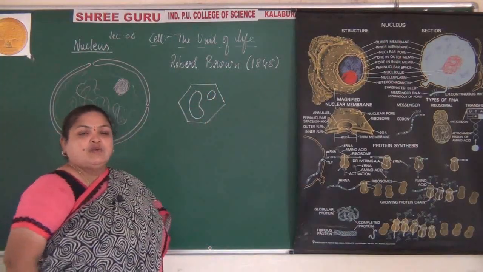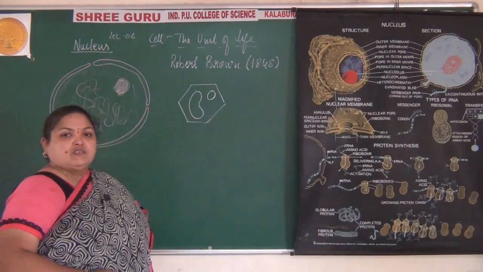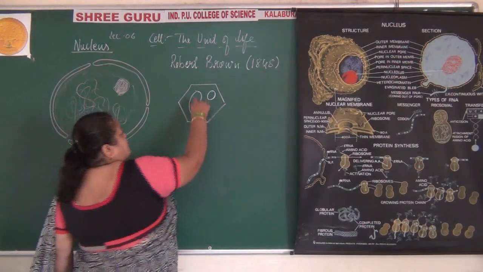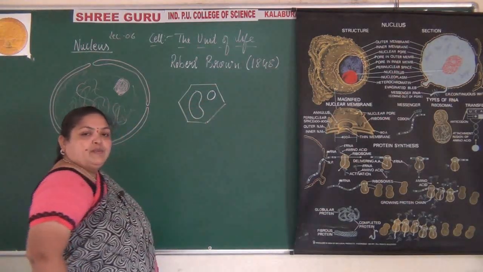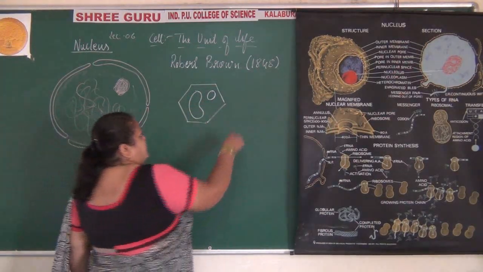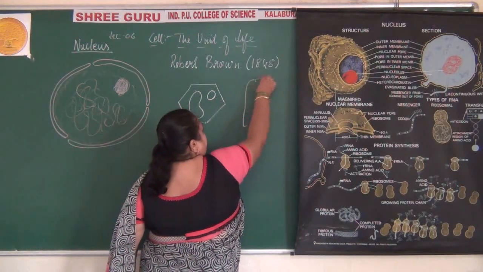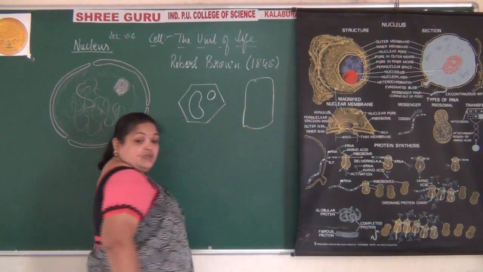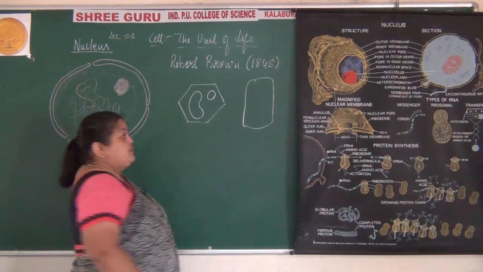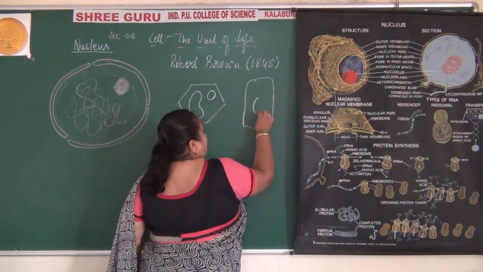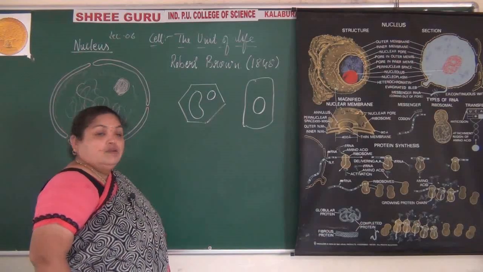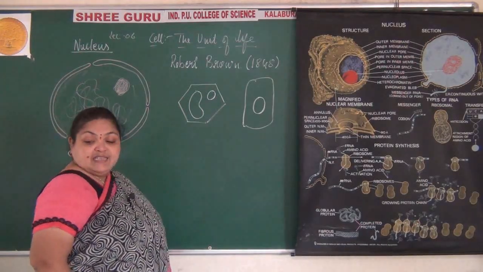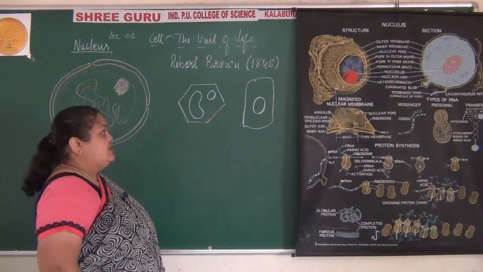In the plant cell, you can see that it is pushed towards the periphery, as the major portion of the plant cell is occupied by the vacuole. But in the animal cell, you can find it exactly at the center of the cell.